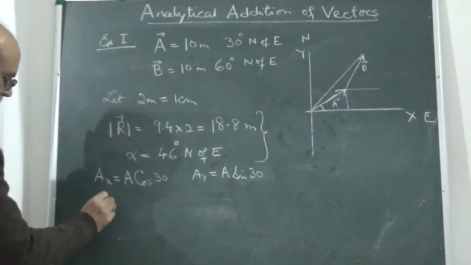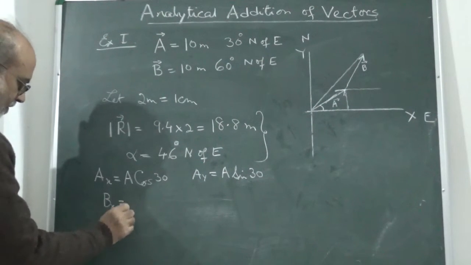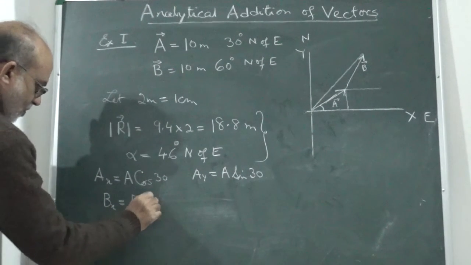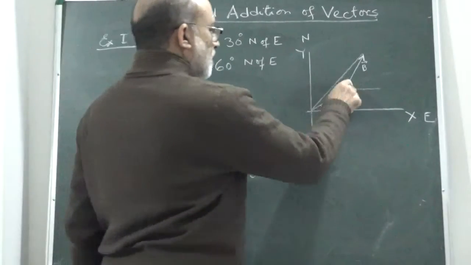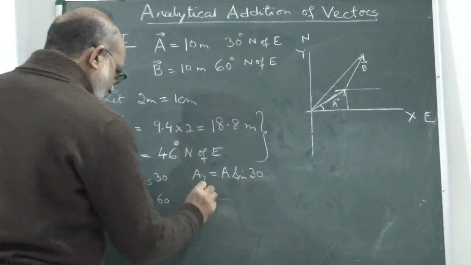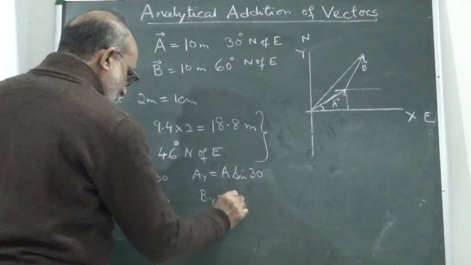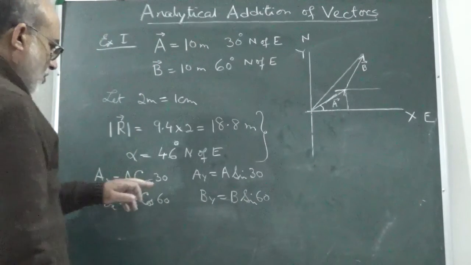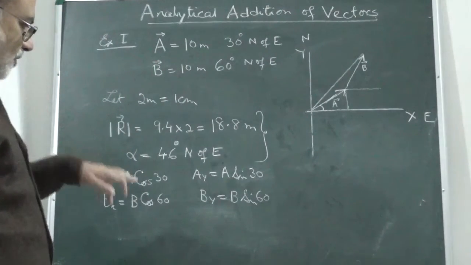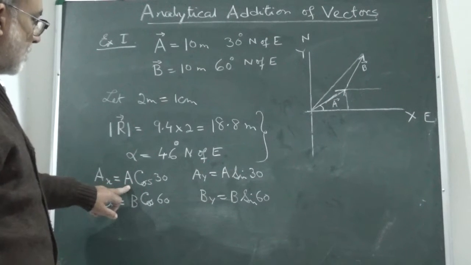Now Bx will be B cos 60 degree because it makes 60 degree. And By is B sin 60. So now we know that cos 30 is root 3 by 2 and the value of A is 10.